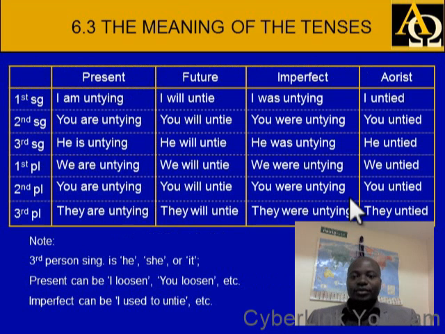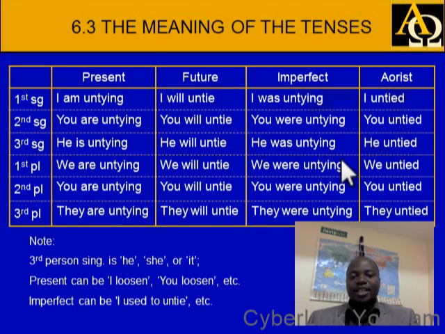So this chart will show you the translation of each of these tenses. We know the present tense, and of course we know the future, and we have the person: first, second, third singular, and first, second, third plural. The same goes for imperfect, and the same goes for aorist.